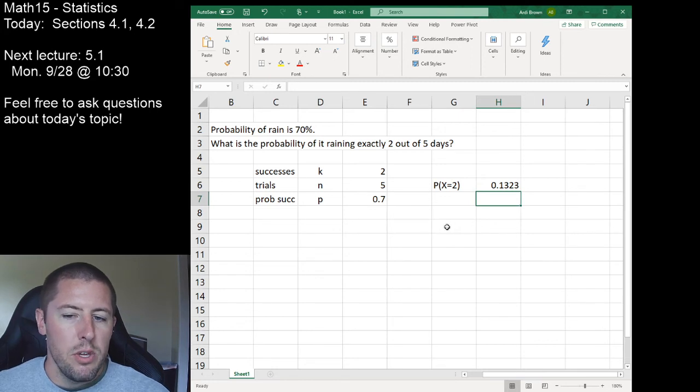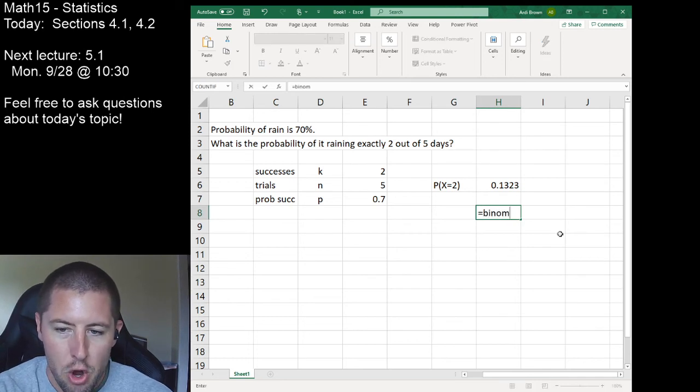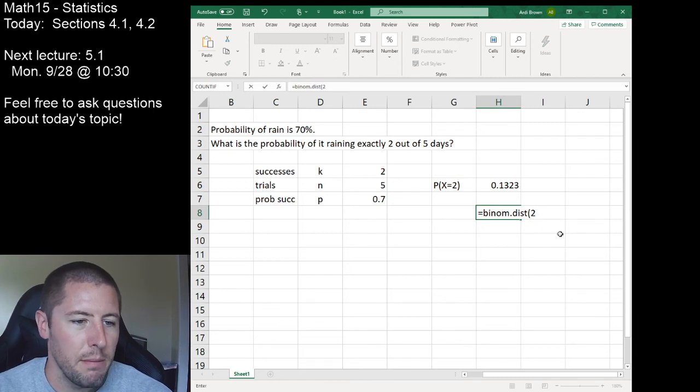Now, I want to point out to you that we could have done this just typing these numbers in directly. I could have just done equals binom.dist. I could have said number of successes was 2. Number of successes, so in this case, again, I kind of got to know what it's expecting me to do.